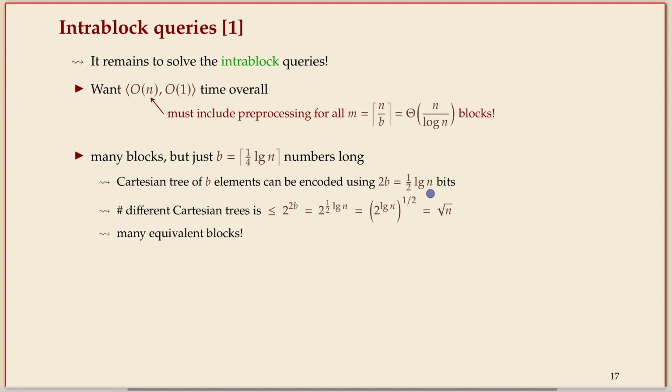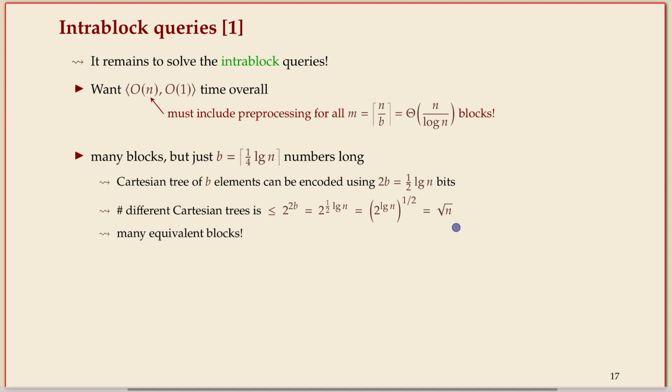Now, why is that helpful? The reason is that if you take 2 to the power of 1/2 log n, that's just the square root of n. And that's not a big number. So you can afford to just store all possible shapes of Cartesian trees for these tiny blocks, and have one big table where you write down all solutions.